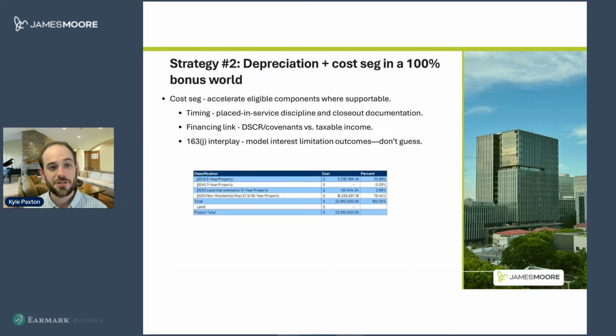Or do we wait till next year when you make it big, you sell a bunch of stuff, and you're at the top tax brackets where you get more bang for your buck? So aligning, okay, here's when we actually want to place this into service. We want to do the cost segregation alongside the rest of your picture. There's a lot of moving parts there.